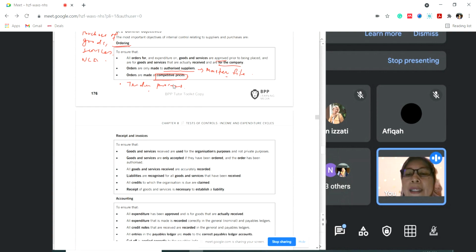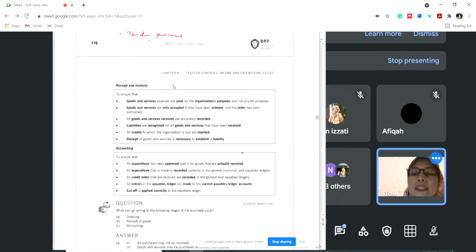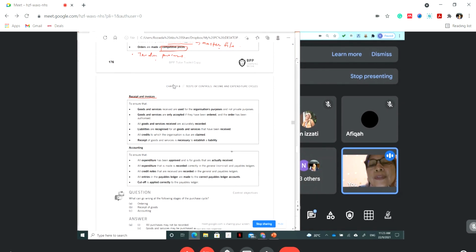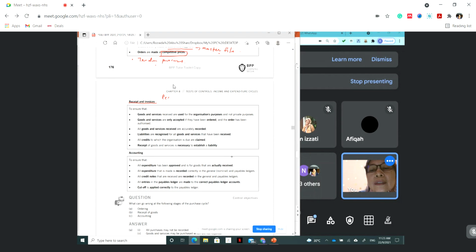And then for receipts and invoices, what are the procedures for the company receiving the goods and services, and how the supplier invoices the company.